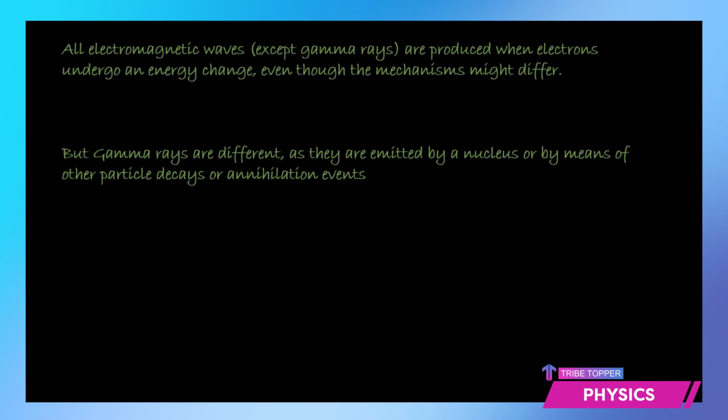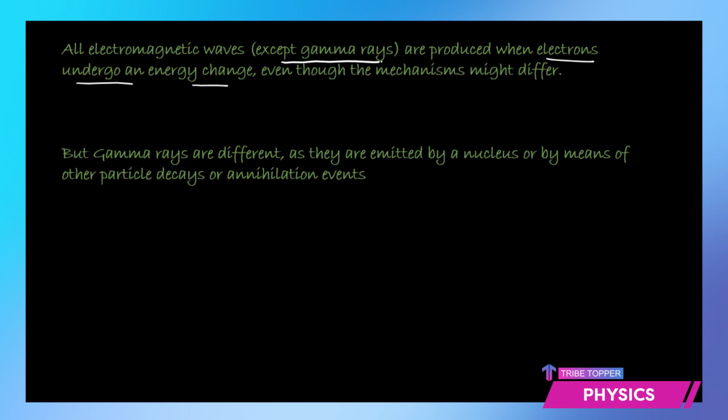Another common point between all EM waves, except gamma rays, is that they are produced when electrons undergo energy changes. When the electrons keep jumping from one level to another, electromagnetic waves are produced based on the kind of photons.